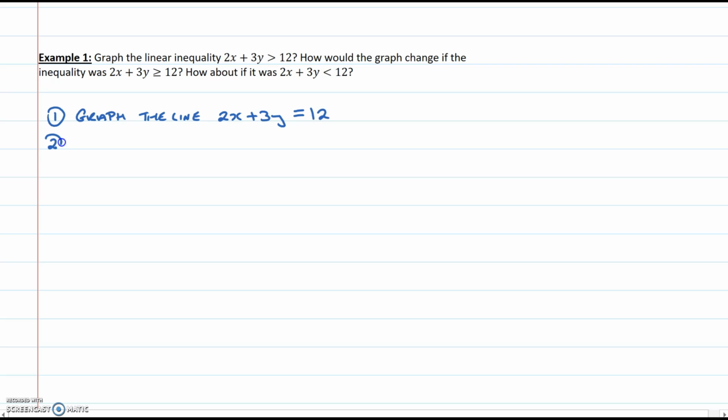And then the second thing we're going to do is test the initial inequality, the original inequality, with a point not on the line.